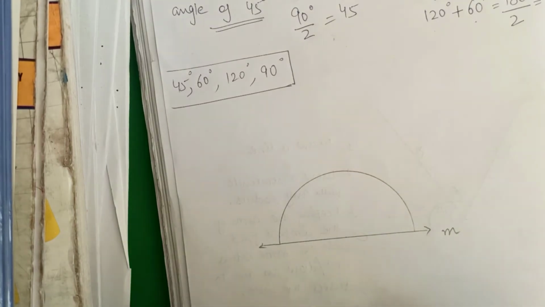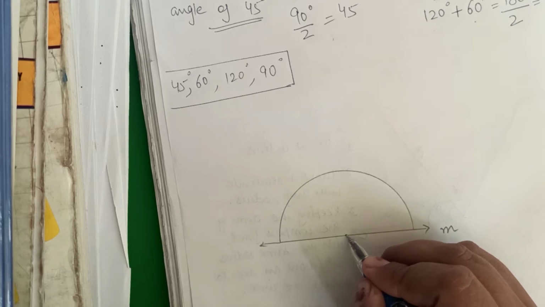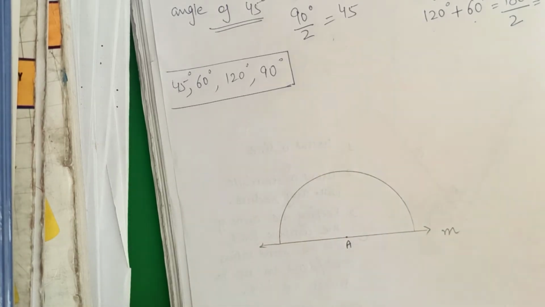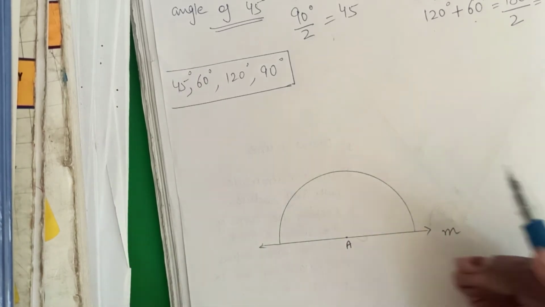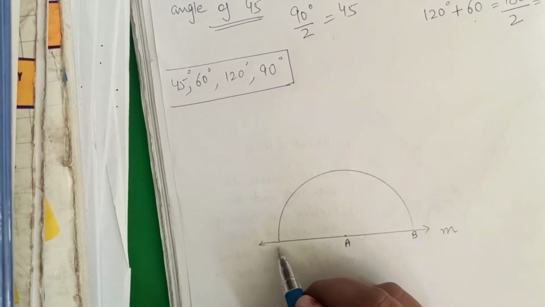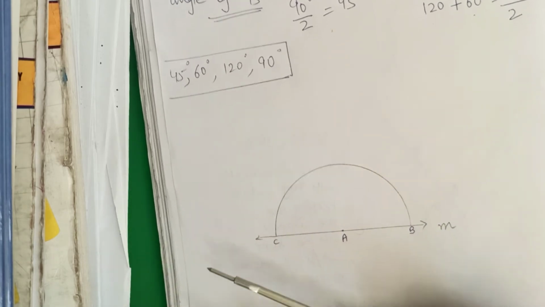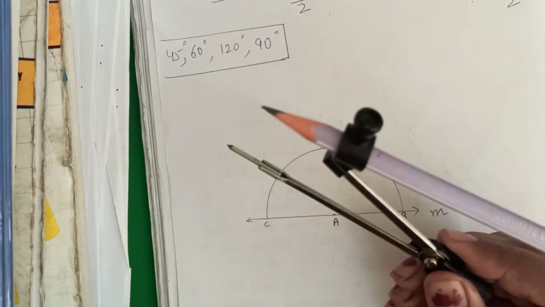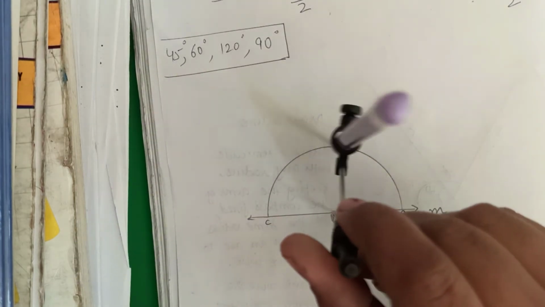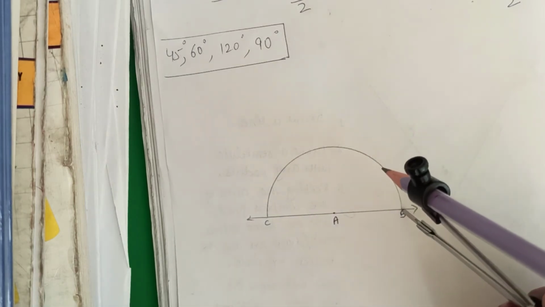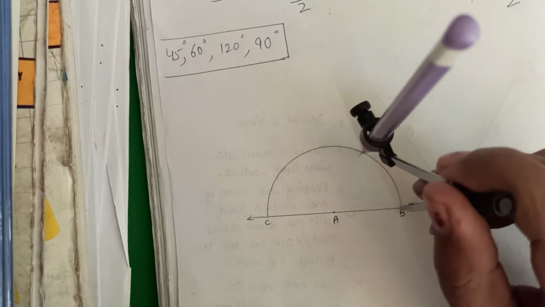Right? Now give a name to this. A name where the needle of compass is, only there. E. Mark an arc. Give this B and this C. Now without changing the distance or the radius between these, take it, put on the B and mark an arc like this.